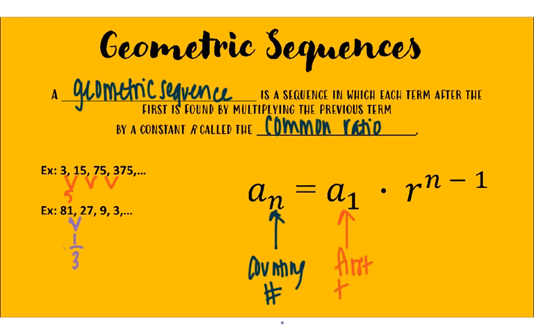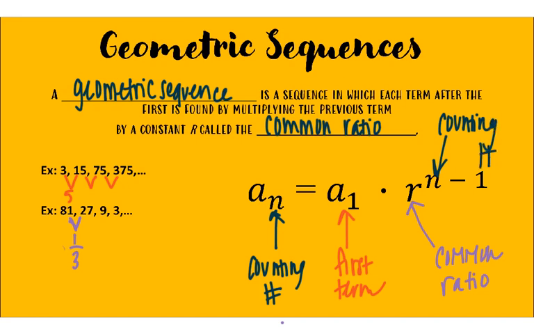What is the first term in your pattern of numbers? Whenever you see r, that is the common ratio. What are you multiplying by each time to get to each number? And that is raised to the counting number that you're looking for minus 1. So basically, the previous term is what I like to think of.